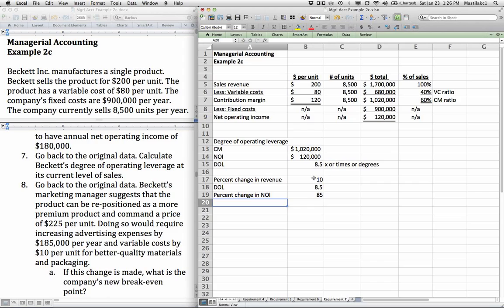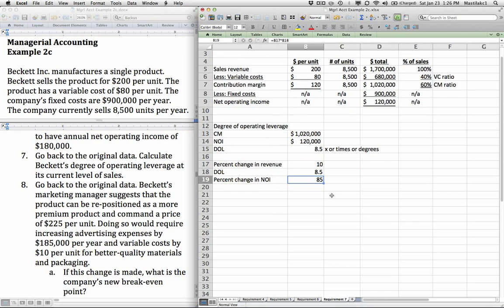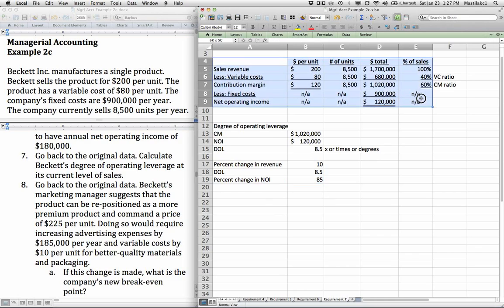So what this tells us is with a 10% change in revenue, we will have an 85% change in net operating income. That sounds a little extreme. It sounds higher than would make sense. But let's go ahead and confirm whether this is true or not.